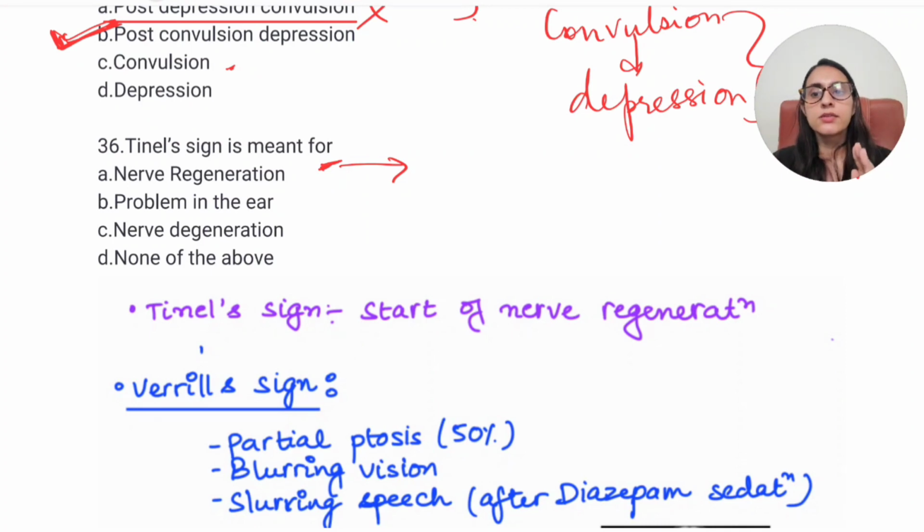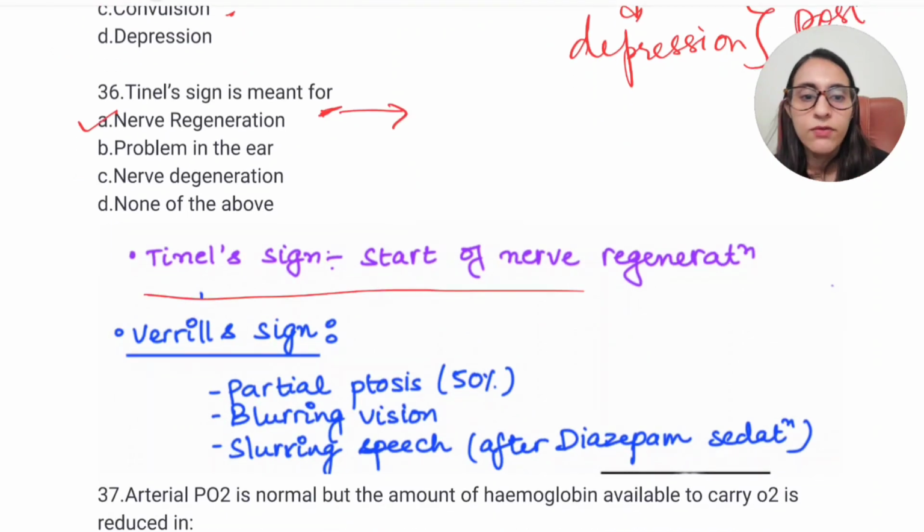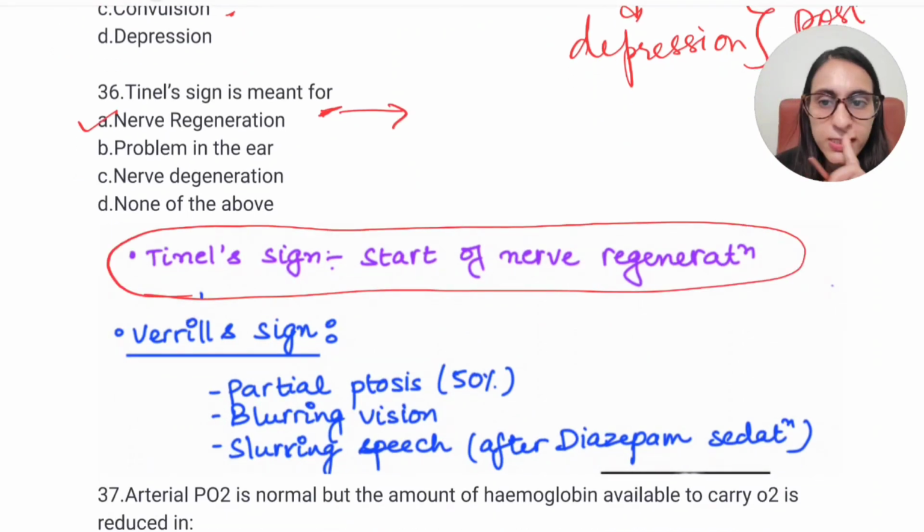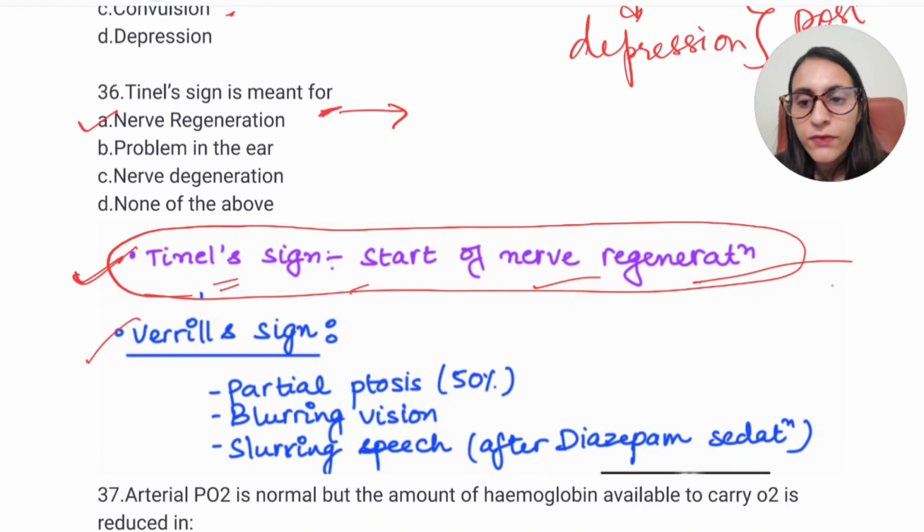So this sign is a sign for nerve regeneration, and we have also covered this in our crash course lectures. In the crash course lecture on oral pathology and medicine, we have discussed Tinel sign, the start of nerve regeneration. Also there is Verrill sign, that is for partial ptosis of the eye, blurring of the vision, and slurring of the speech.